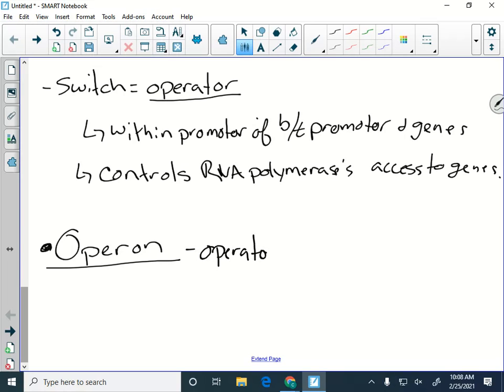So it's that big long segment of DNA. So when we talk about the trp operon, we are talking about the whole segment of DNA that is the operator, the promoter, and all of our genes, A, B, C, D, E. That's the trp operon.